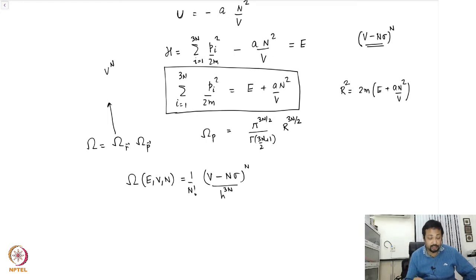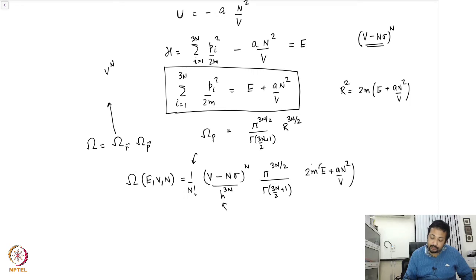That's the standard indistinguishability criterion, and that non-dimensionalizes the total number of microstates, the ad hoc introduction of this factor. And then I have this result: pi to the power 3n by 2 over gamma of 3n by 2 plus 1, times twice m times E plus A n square over V, raised to the power 3n by 2.